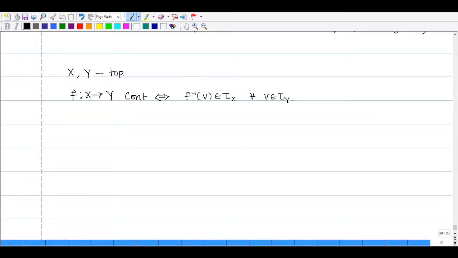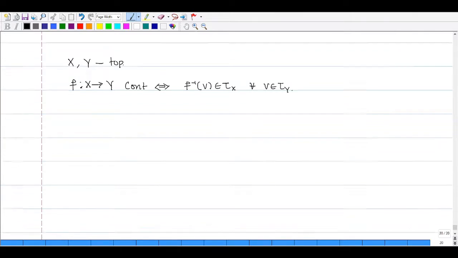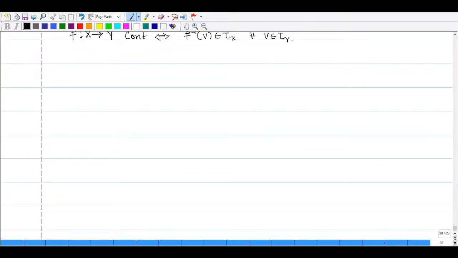Okay, சரி, first elementary நமக்கு தெரிஞ்ச ஒவ்வொரு statement நான் red கலர்ல எழுதுறேன், then we will give the proof. Number one என்னது அப்படின்னா, that is every constant function is continuous.